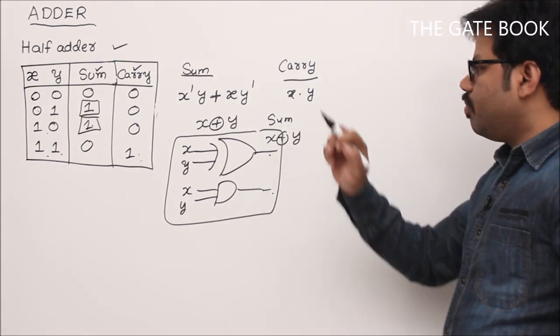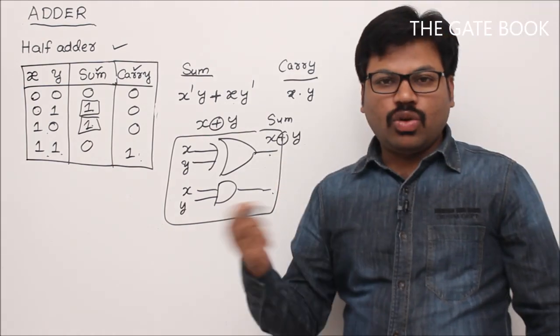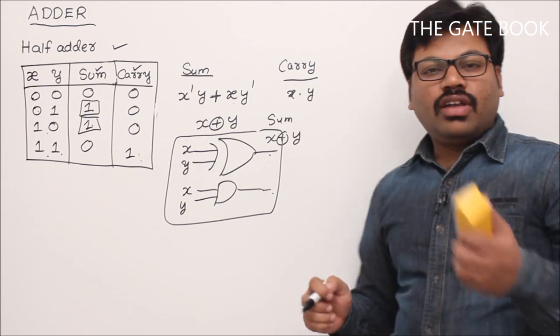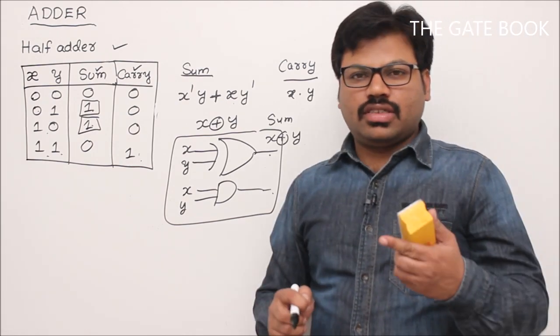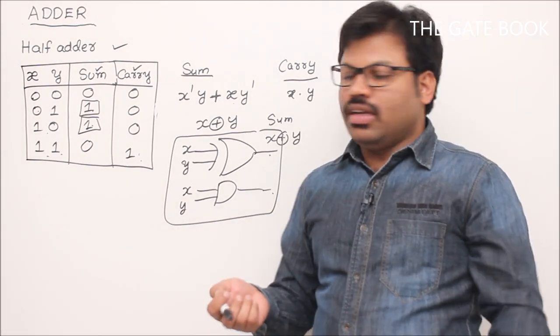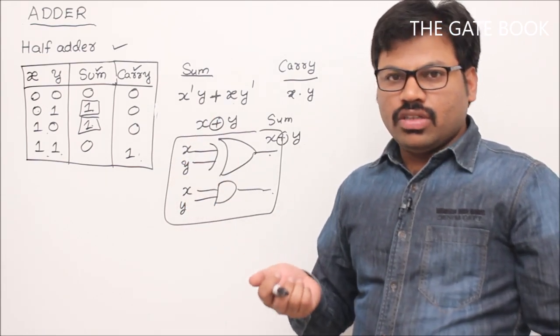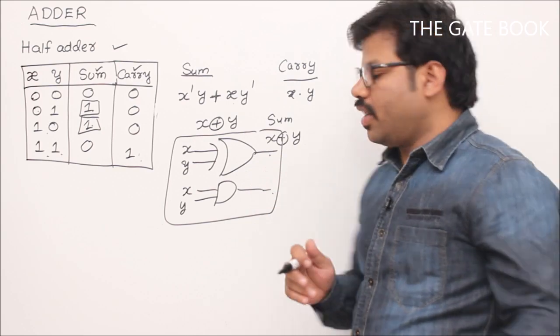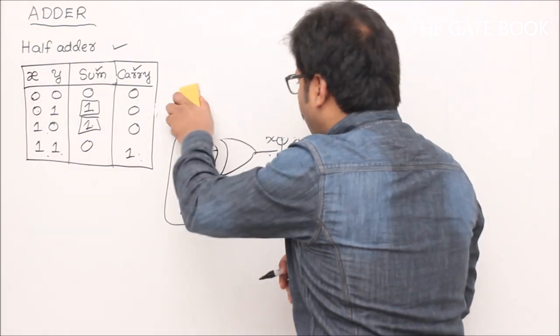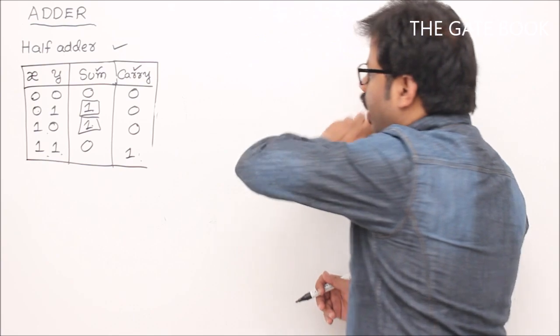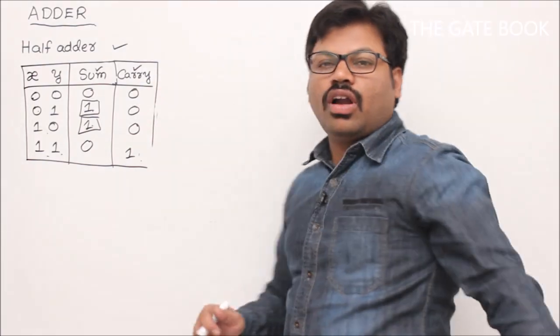So carry and sum. Now we'll see full adder. To understand full adder, one thing is we are going to add 3 bits. If you add 2 bits, then that is called half adding. So now we are going to do full addition. So full addition generally requires 3 bits. When you have 3 bits, then when you add them, that is called full addition. For that we are going to create a circuit called full adder.